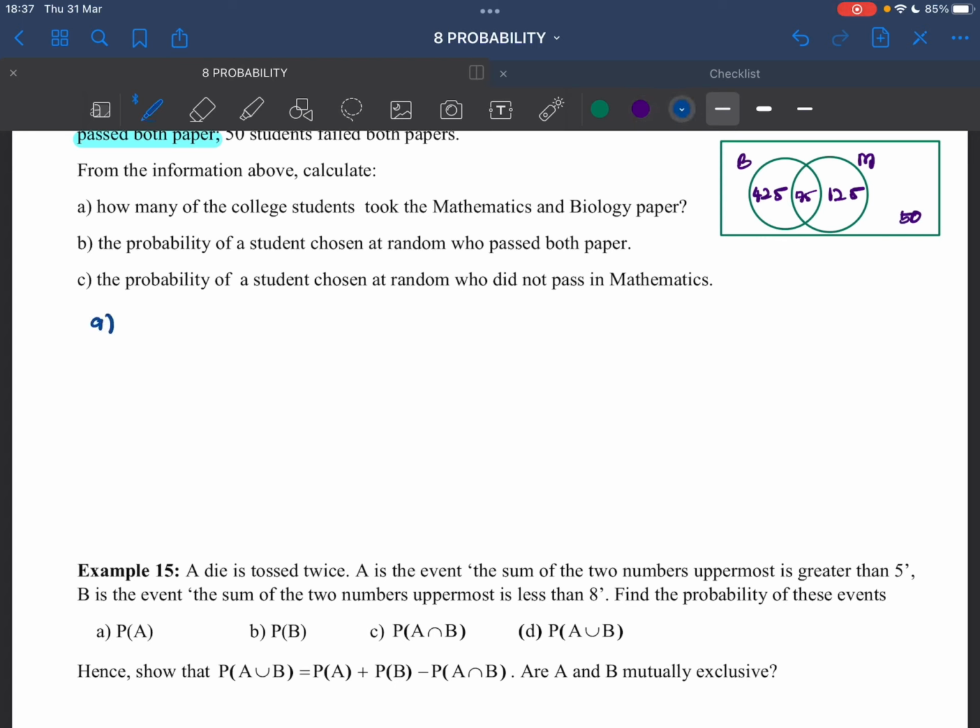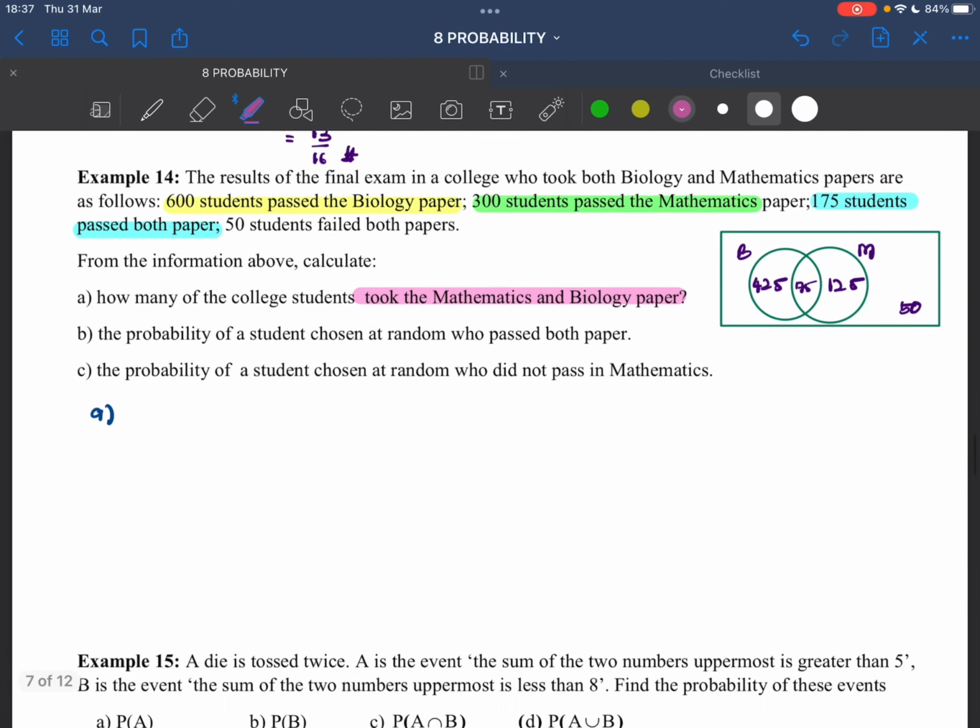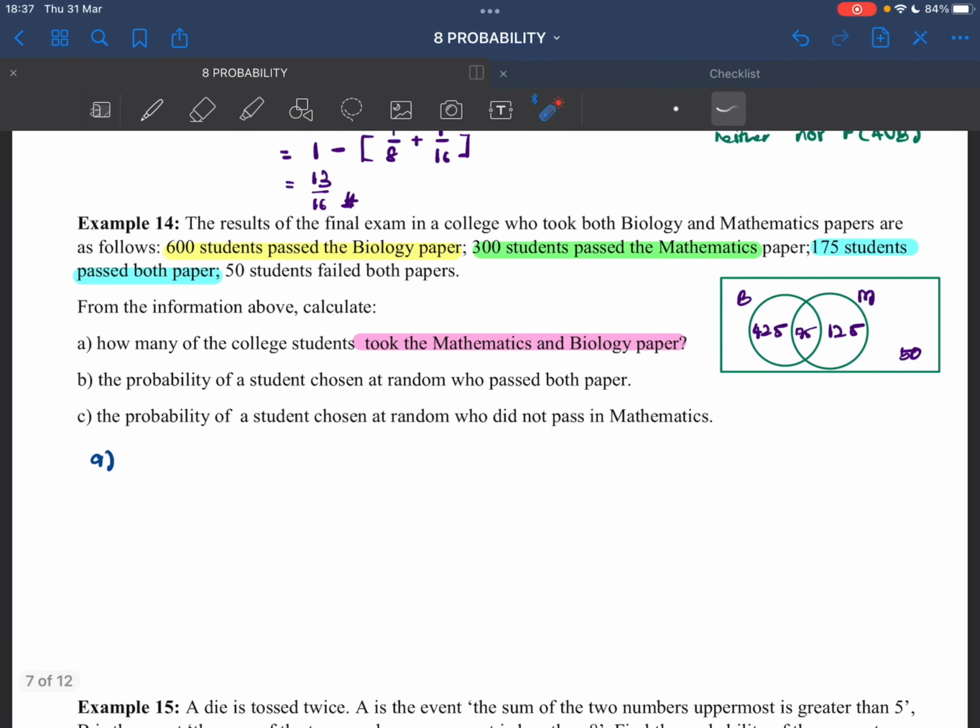Now from the information above, calculate how many of the college students took mathematics and biology papers. This question is very tricky because it doesn't say pass the paper. The question literally says took the mathematics and biology paper. So it doesn't matter if you fail or pass.